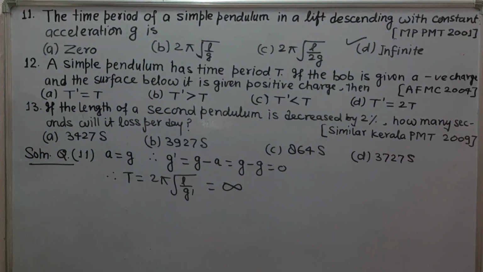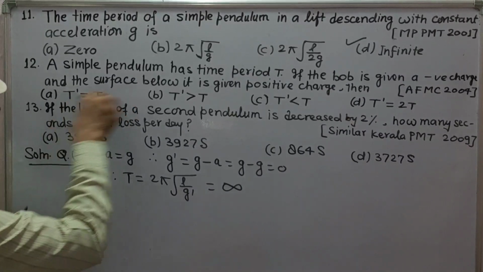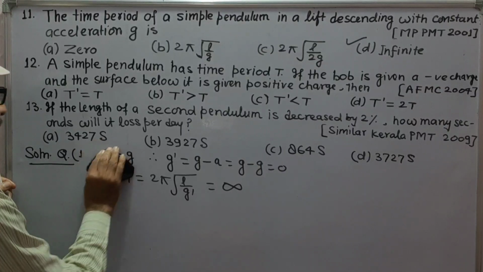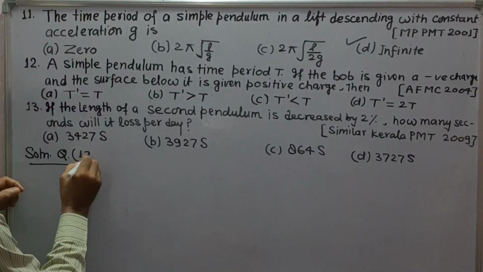Next, question number 12. The question is: a simple pendulum has time period T. If the bob is given a negative charge and the surface below it is given positive charge, then these are the options, where T dash is the new time period. So solution to question 12.